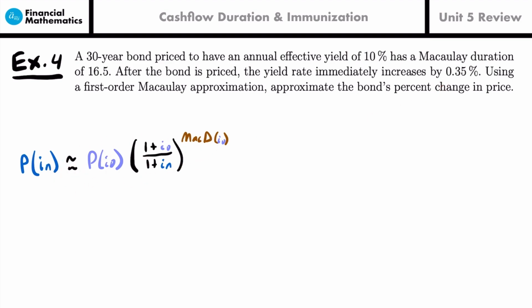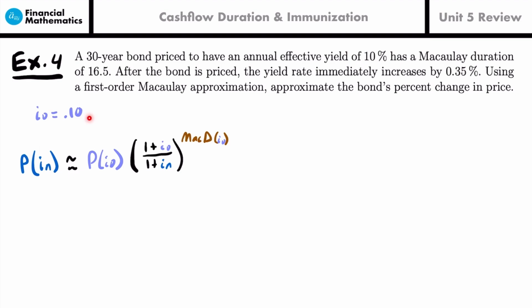For now, what I want to do is identify everything that we know, at least with regards to this formula right here. Yes, we know that the bond is a 30-year bond, but we don't really care about that for this problem. We want to know what our original interest rate is, the new interest rate, the original price, and the Macaulay duration at the original interest rate, because that's what we use in this formula. And it looks like our original interest rate or original yield rate is a 10% yield rate. So I naught is equal to 0.10 or 10% as a decimal.